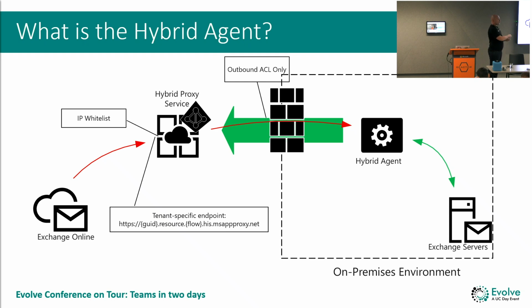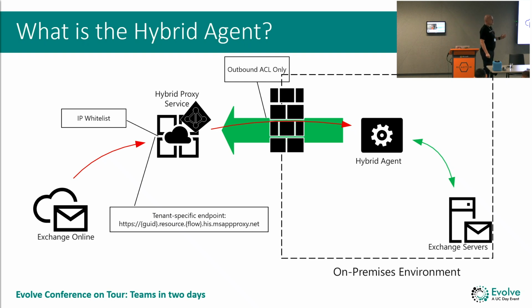It'll hit the hybrid agent's URL, which is a big long string, and msappproxy.net, and then it'll bring that connection back to on-prem. It avoids us needing to publish anything to the outside world for things like OAuth, for the calendar sharing, FreeBusy, and mailbox moves. And it enables us to avoid having to buy new SSL certificates, effectively simplifying the hybrid deployment itself.